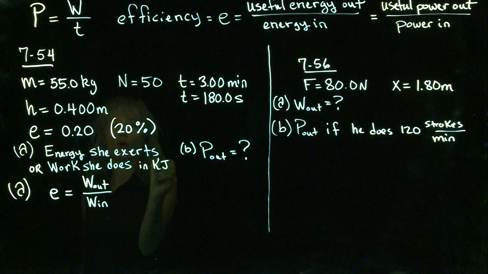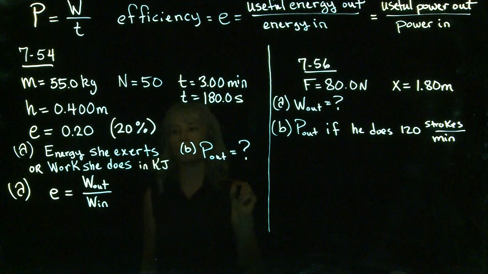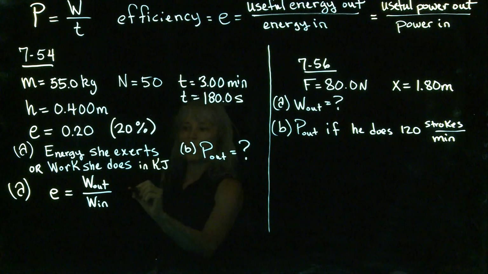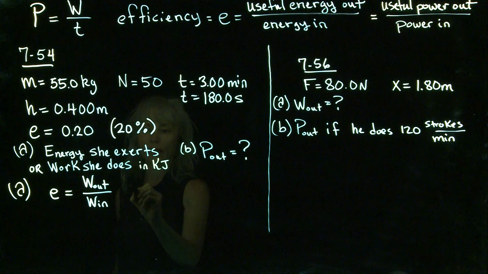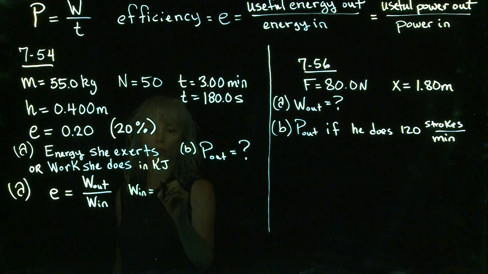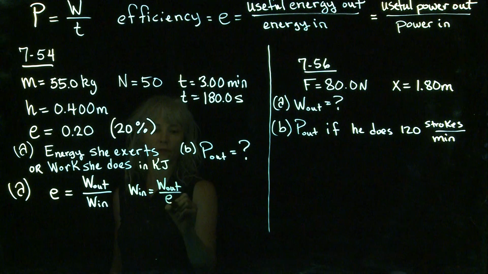Specifically, we want to know the work in. We want to know how much work she does. So we want to solve for work in. Work in is equal to work out divided by her efficiency.